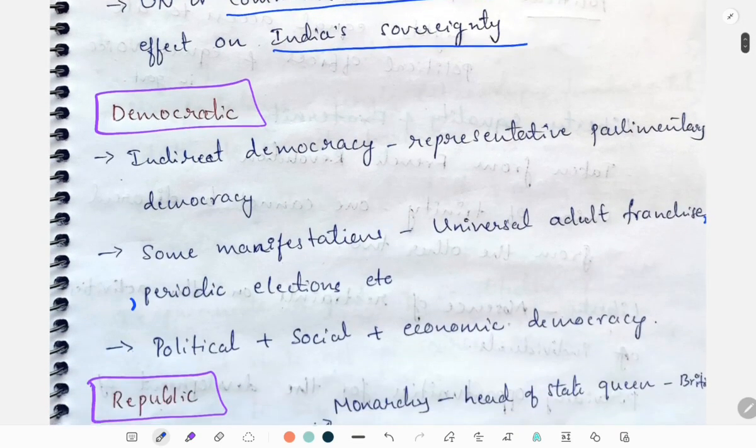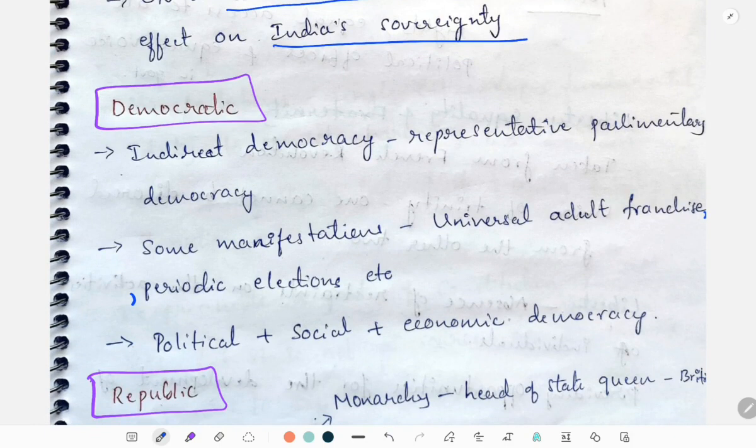Next, we'll see democratic. A democratic polity is based on the doctrine of popular sovereignty, that is, possession of the supreme power by the people. Our Indian Constitution provides a representative parliamentary democracy, that is, indirect democracy.